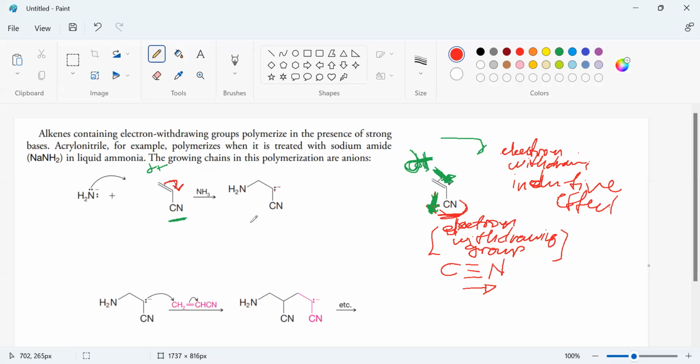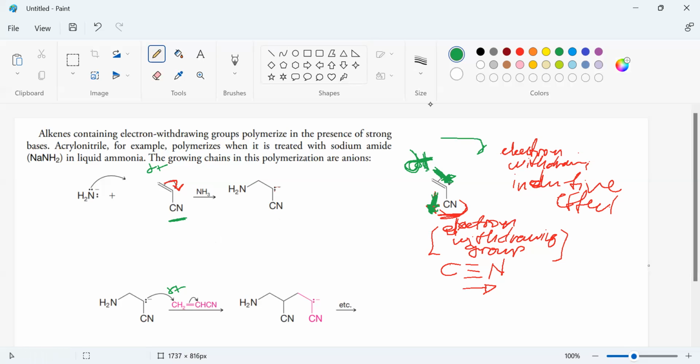So once you have this, a carbon anion, we do the same with another alkene. In this case, our alkene is acrylonitrile, this one. It will again attack this carbon here, which is somewhat partially positive, again by virtue of the electron withdrawing inductive effect.